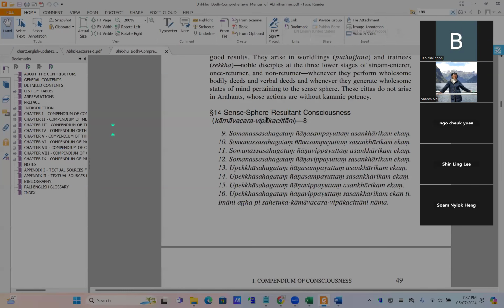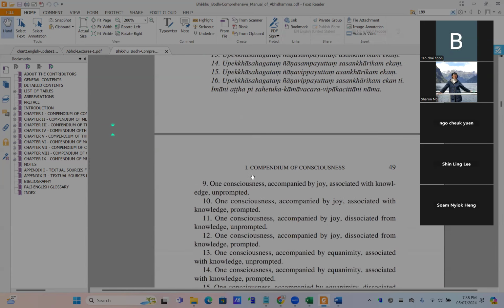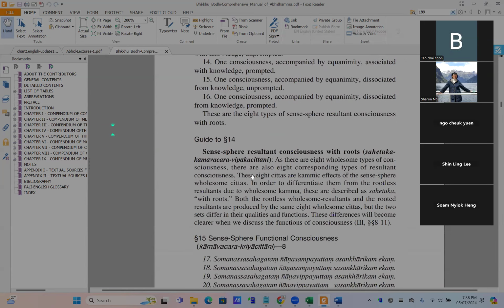The same citta, let's say citta number 1 just now, will give this number 9, which is a Vipaka citta. Somanassa-sahagata Nana-sampayutta Asankharika Kusala Citta will give the same result with this Vipaka Citta. This is a resultant. You can see the Pali is exactly the same. So there is this corresponding result.